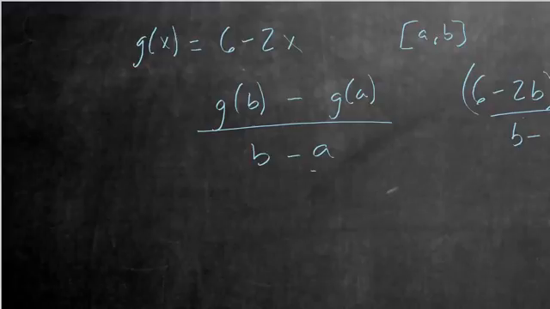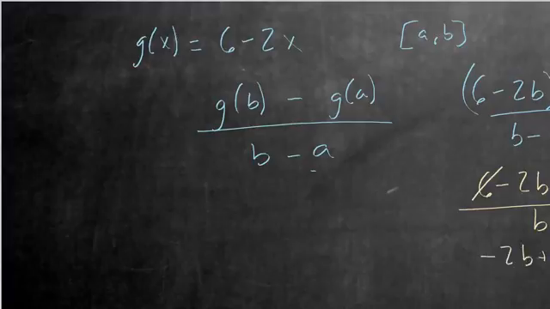If I go ahead and simplify that numerator, 6 minus 2b minus 6 plus 2a, distribute the negative sign. The 6's go away. Keep it over b minus a, good algebra there. And I've got this negative 2b plus 2a over b minus a. We've got to be getting closer. They've got a 2 in common.